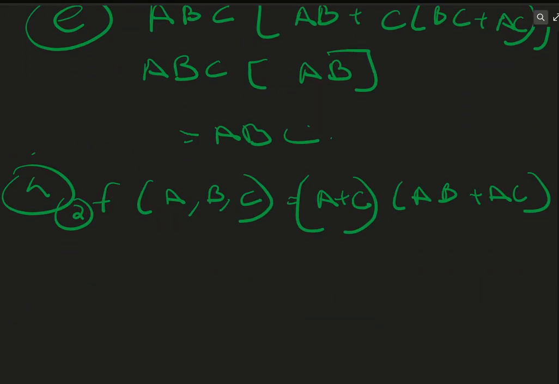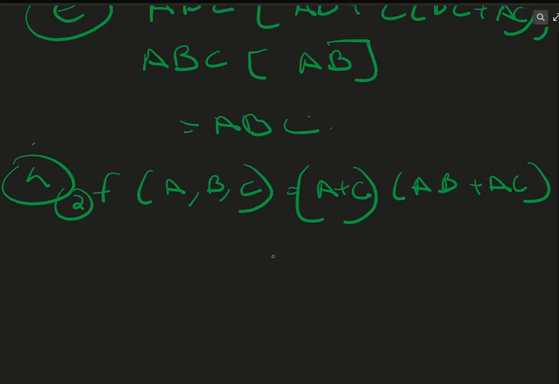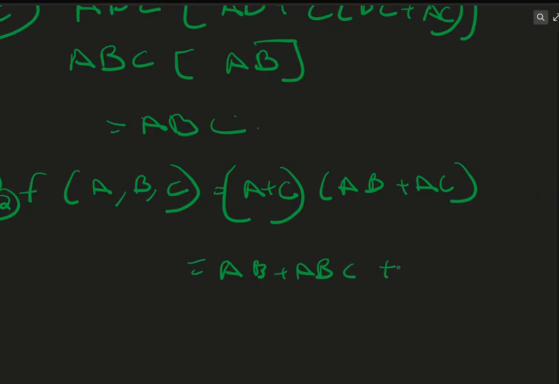Just do the multiplication first. AB plus AC, BC plus AC plus AC, which is AC. So AB plus ABC plus AC.